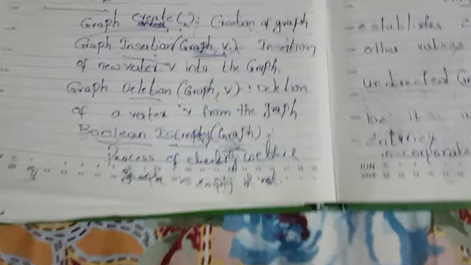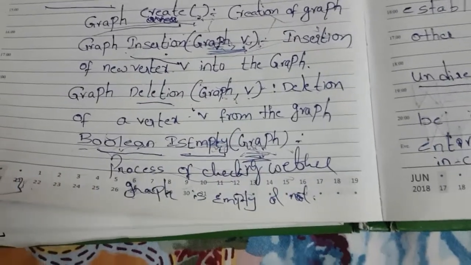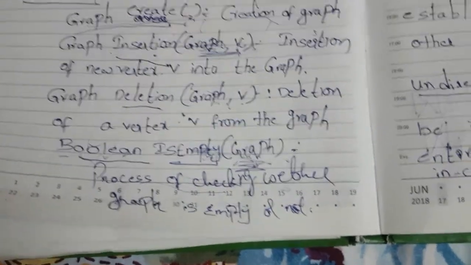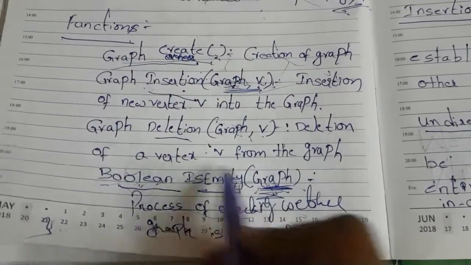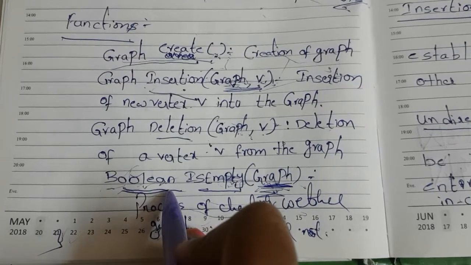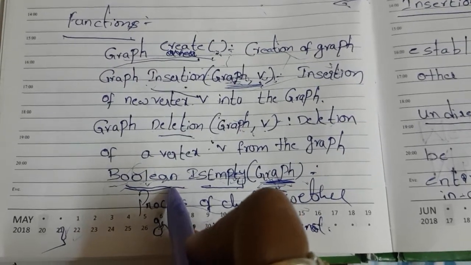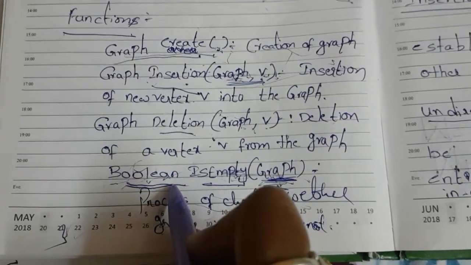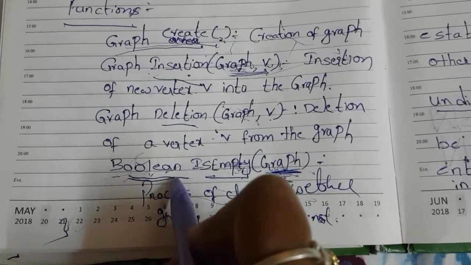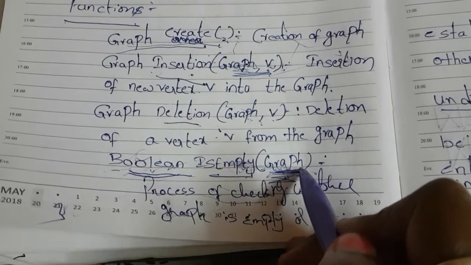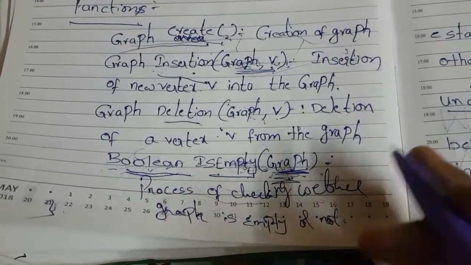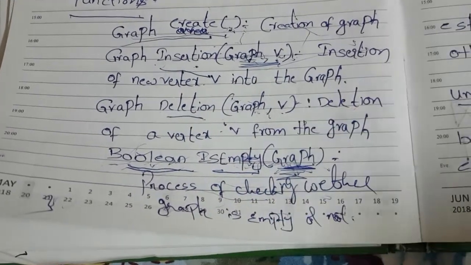Okay, another function is boolean is empty. Boolean is empty function has the parameter graph. Here boolean is nothing but either 0 or 1. 1 is true, 0 is false. Is empty function takes the graph name, whatever name you have fixed for that graph.